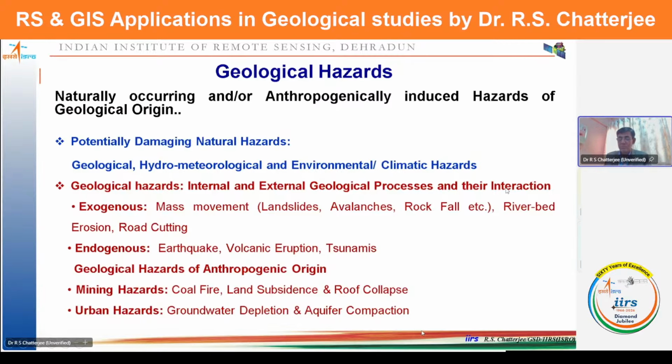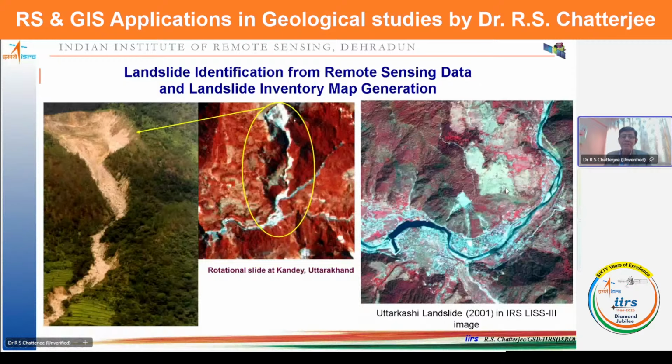These are dangerous. Now see the active landslide: this is the ground photograph, and this is how it looks on the image. This is the scar, and the scar over the image is very clear. Why? Because before the landslide, the area was vegetation covered. But because of the landslide, all the vegetation and rocks slid down and the bare rock was exposed. In the case of the Uttarkashi Varunavat landslide, there was no scar like this in 2000.